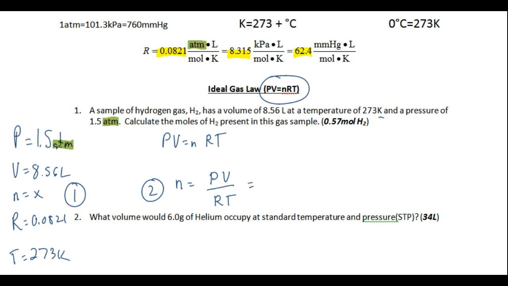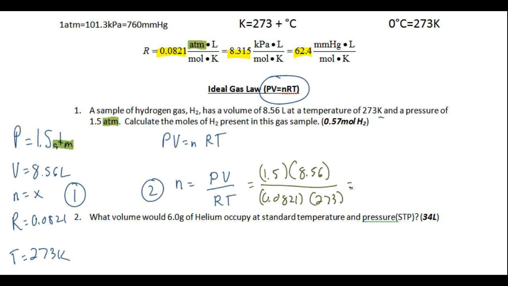Now that I've taken inventory already, I don't have to go back and decode the words again or adjust the units. It's done already. So pressure 1.5 atm, volume 8.56 liters. R, that's where it takes a little bit of thought in terms of which R value do I use. And then T, 273 Kelvin.